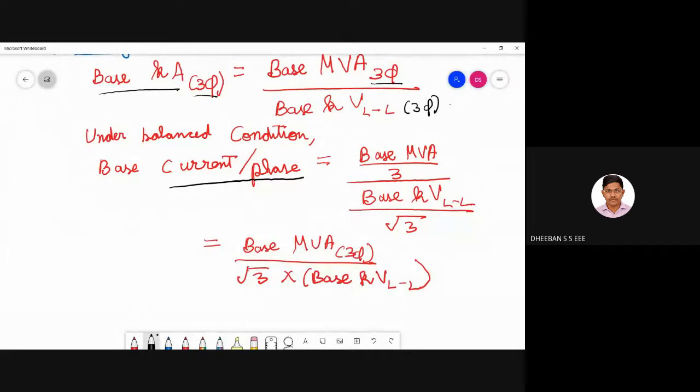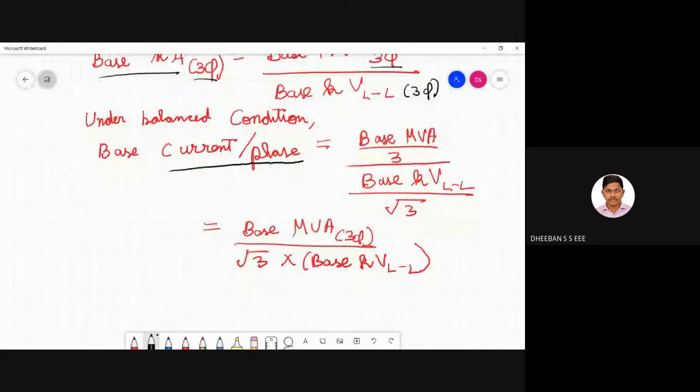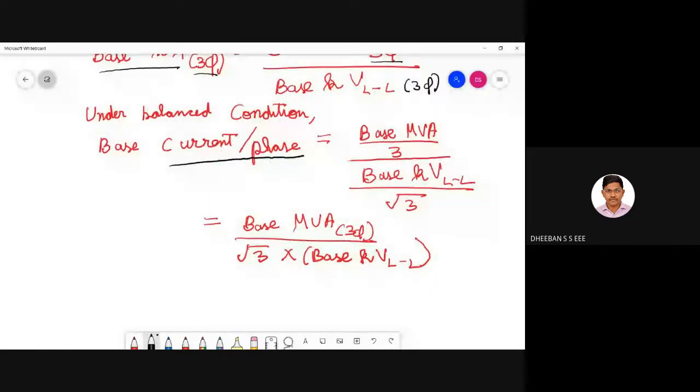So this 3 and this root 3 will get cancelled, and the base current for single phase will be base MVA for 3 phase divided by root 3 into base line voltage. Okay, this is with respect to your three phase system.